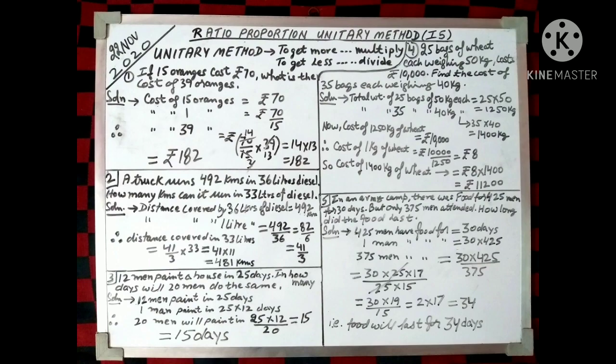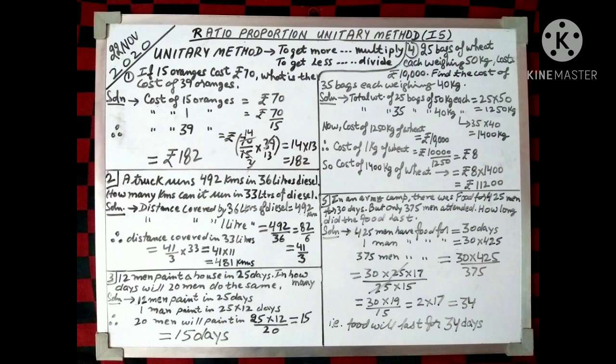That is rupees 8. Thus we can write the cost of 1400 kg of wheat is equal to rupees 8 into 1400, which is rupees 11,200. I hope it is clear. You can go through the sum again and get a better understanding of it.